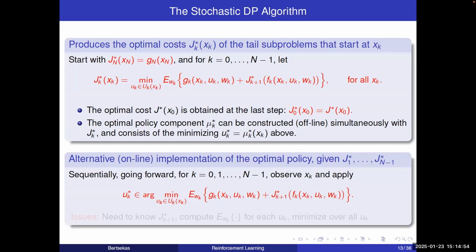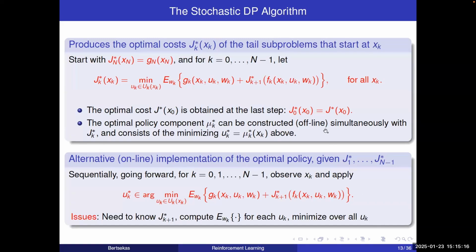So there are a number of issues here. For this minimization, you need to have the J stars. Then you need to compute the expected value of all this, which may be a substantial computation. And then you need to do a minimization of this expression over u. That again may be a substantial minimization.